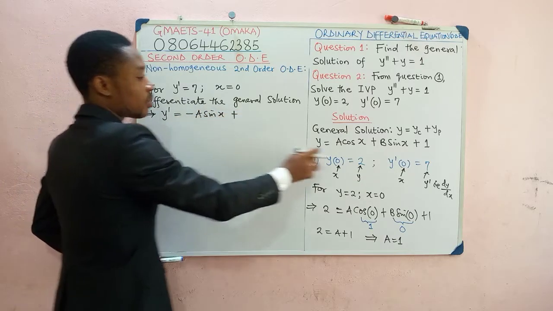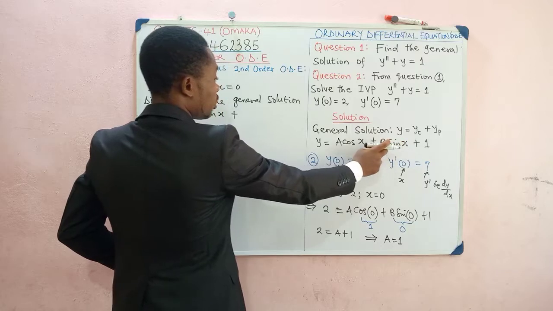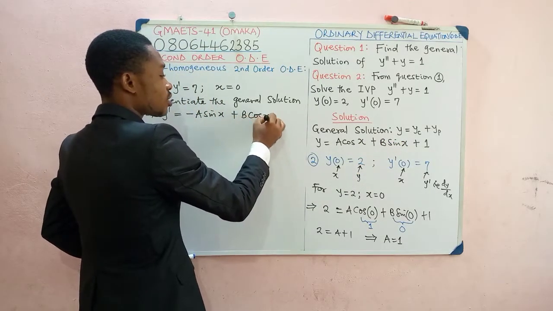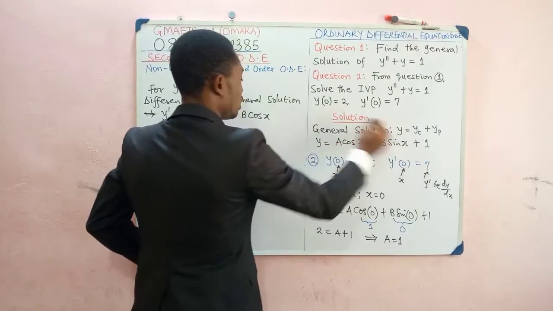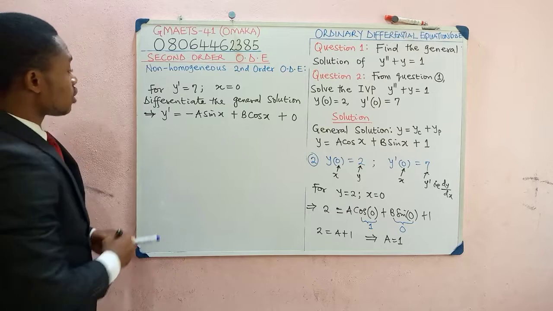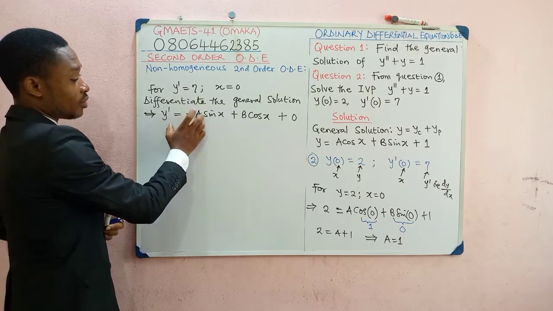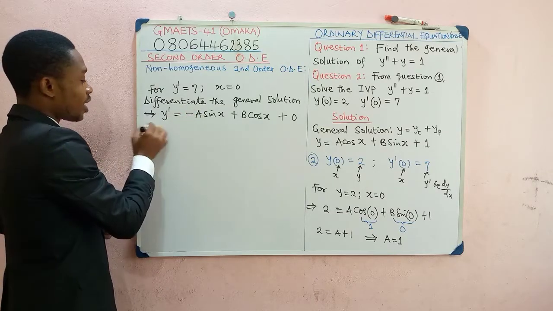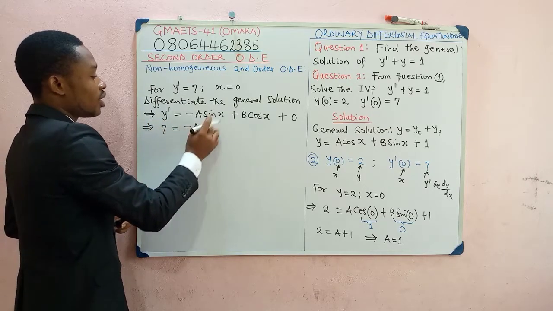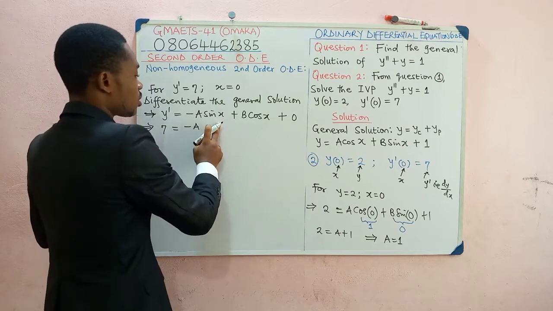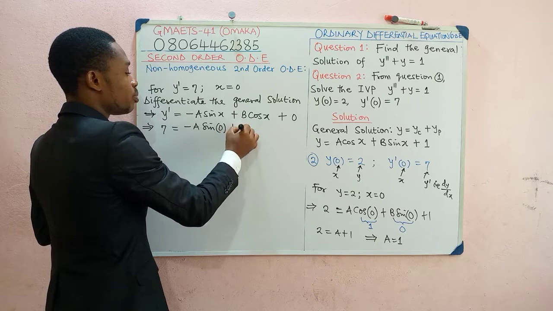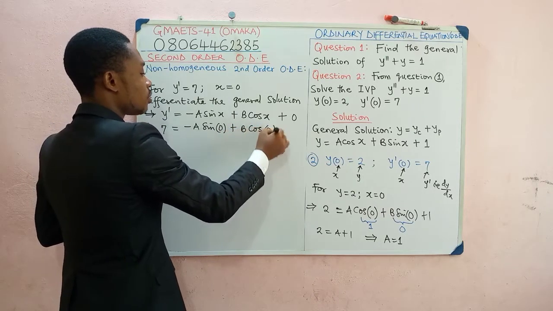And then plus, differentiate b sine x, keeping b constant. Sine x differentiated will give us cos x. Then differentiate the 1 and you get 0, no need of actually writing that, if you differentiate constants. So we substitute now: in place of y prime, I fix in 7, equal to minus a sine 0, plus b cos 0, plus 0.